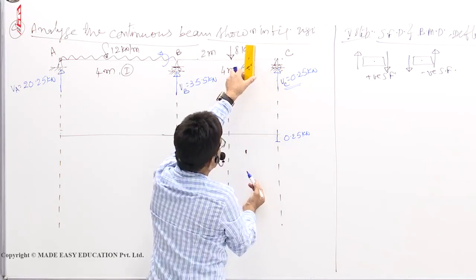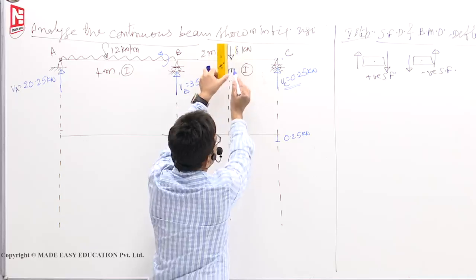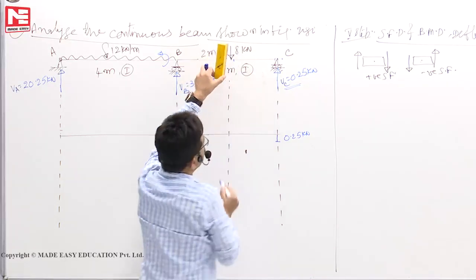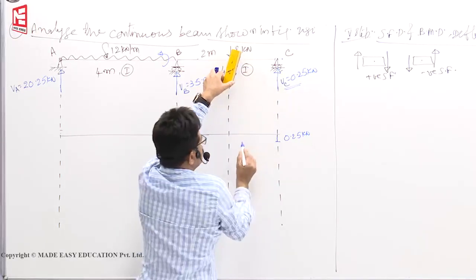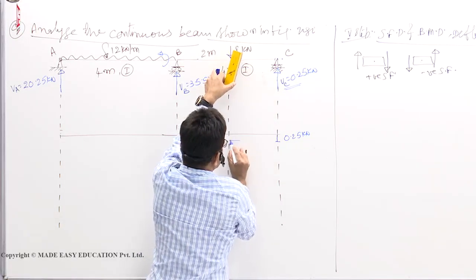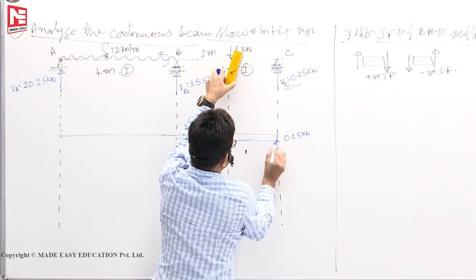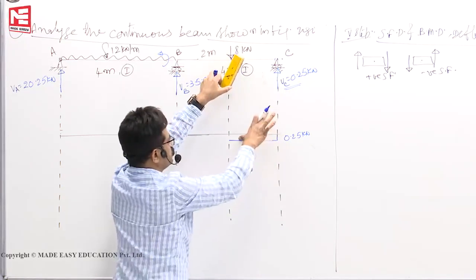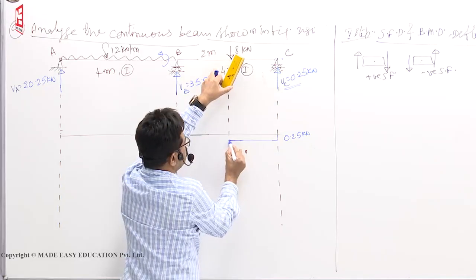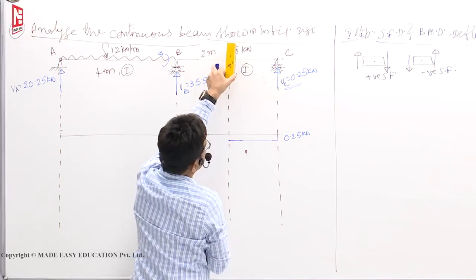Now you travel like this. Moving up to the right side of that point load, no additional load came. Same load you are able to see. That means this should not change its magnitude. Same 0.25. At 8 you cannot calculate.